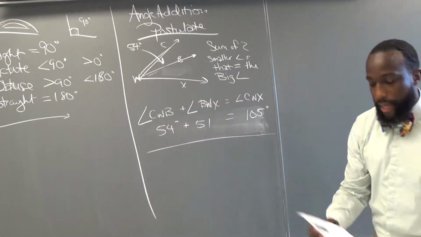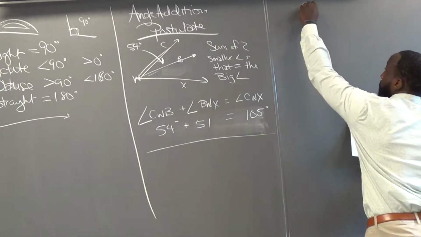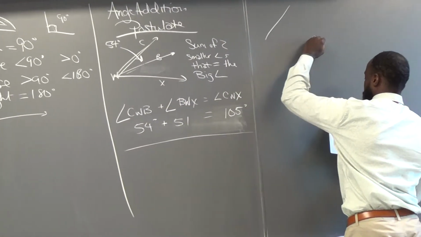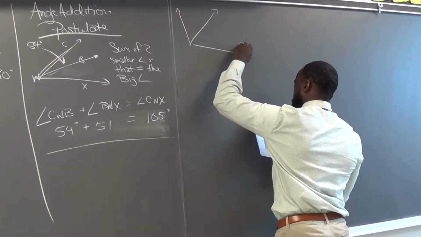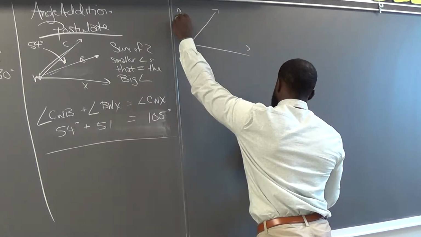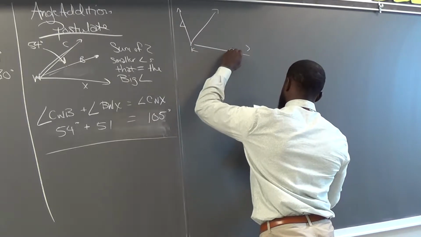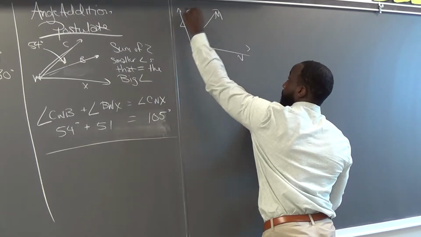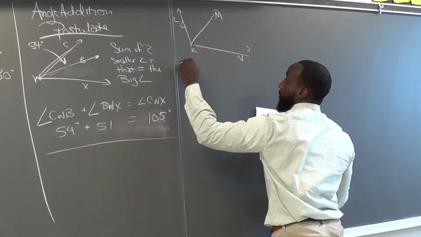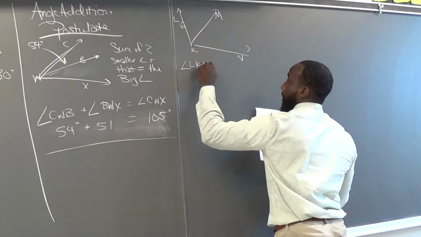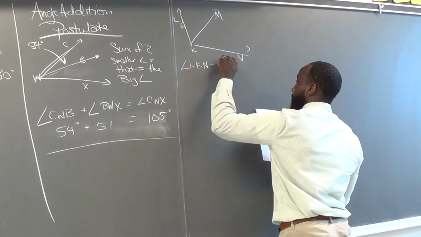So let's do two more challenges. Let's use this angle here. It says L, K, N, and this is M. This is an L, right? Angle LKN equals 145 degrees.